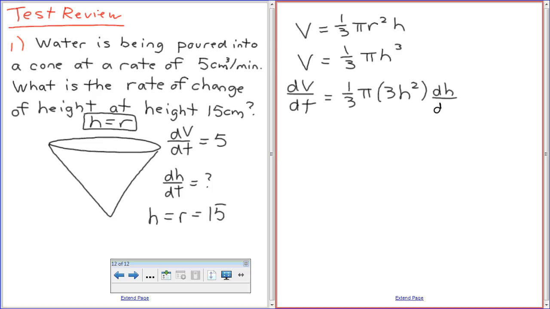Wonderful. Now I'm going to take a step back to make sure this is good for people. Cecilia, how are you feeling about the world? How's Canada's Wonderland? Fun at least? Okay, good. But for h cubed, everyone remembers that changes to 3h squared times dh dt. Michael, go ahead.